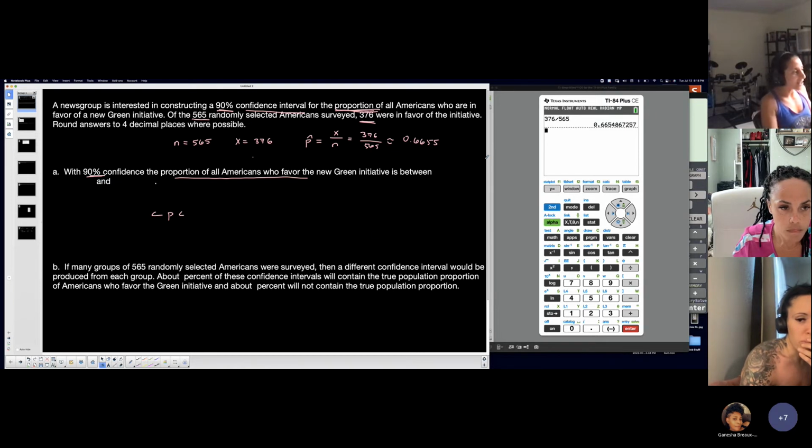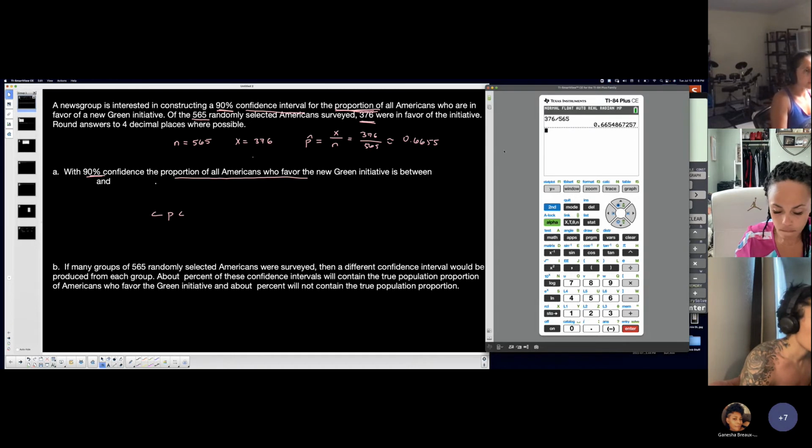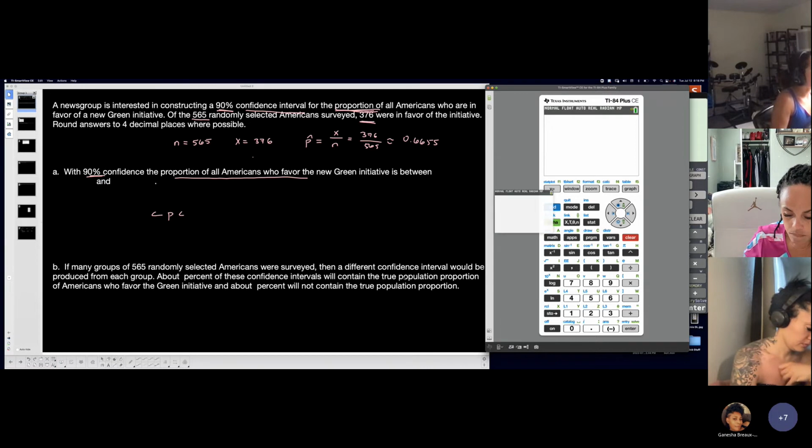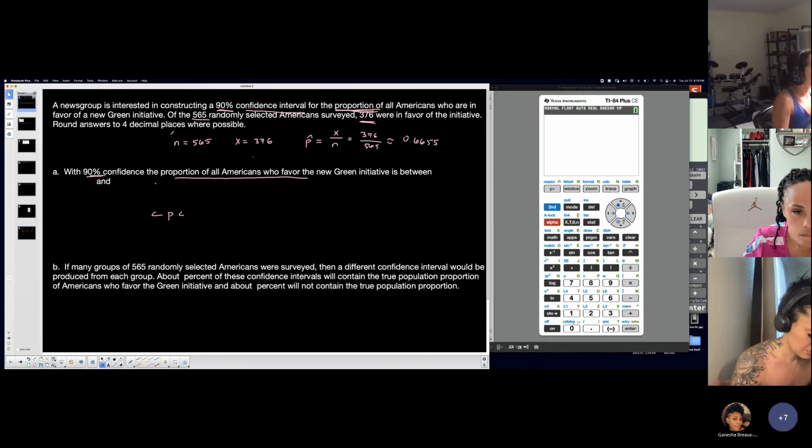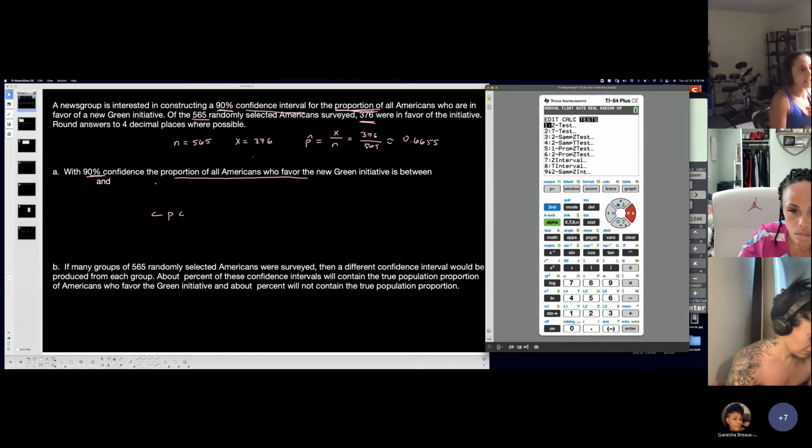All right, so talking a lot, right? But now that I know I'm finding a confidence interval for P, I'm going to go to my calculator and I want to do 1 prop Z int, right? Confidence interval for proportion, 1 prop Z int. So stat, and then I'm going to go over to test, right? That's where all my interval stuff is. So down, past all this, you're going to see this again, by the way.